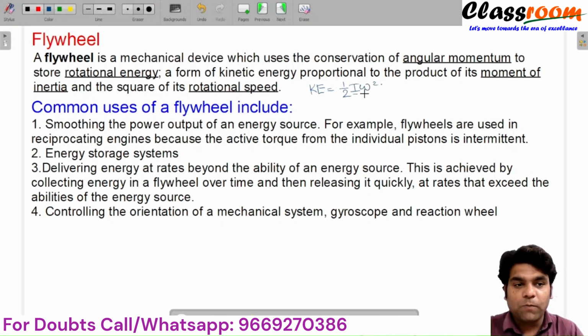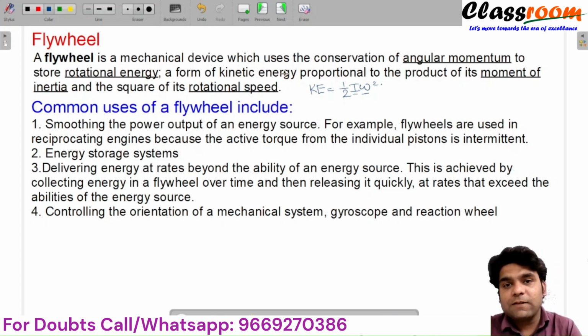So I is the mass moment of inertia and omega is the angular speed or rotational speed in radian per second. So the flywheel is a device whenever the energy is available in excess, it stores it and supplies it again to the device whenever the device needs some amount of energy for its proper working.